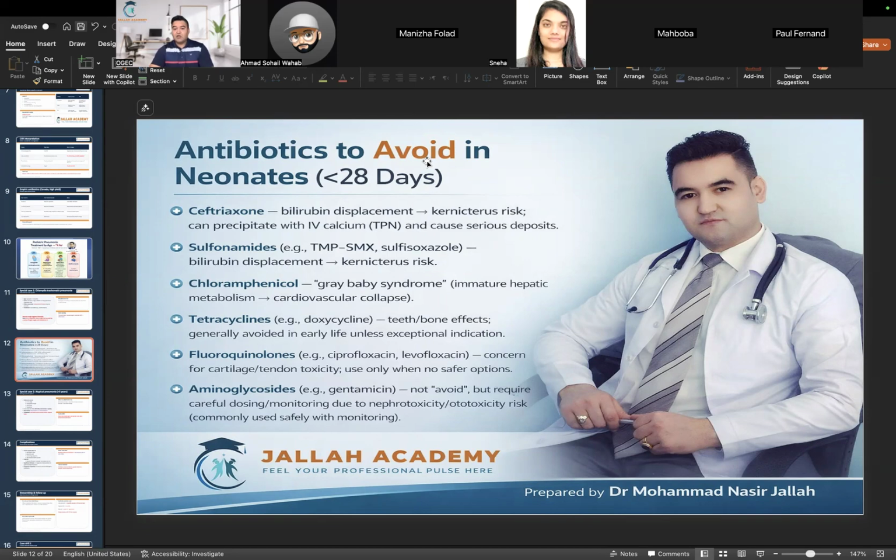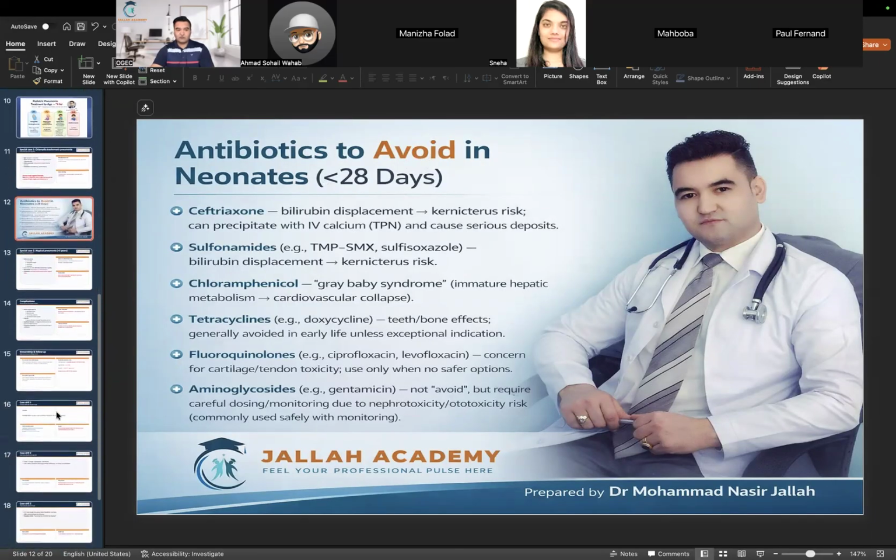But remember, we should use it with caution. It is not avoided, but requires careful dosing and monitoring due to nephrotoxicity and ototoxicity risk, commonly used safely with monitoring. So this is not something that you have to avoid, but this is something that you need to be very cautious when you're using it.